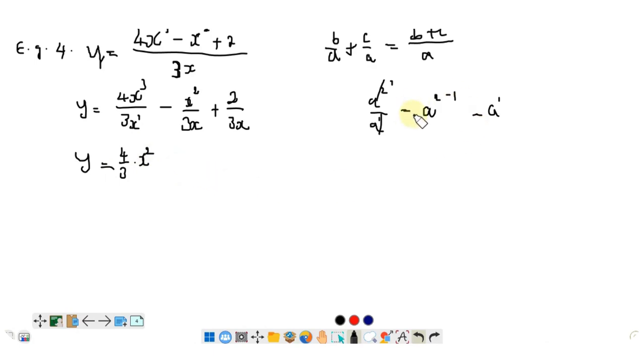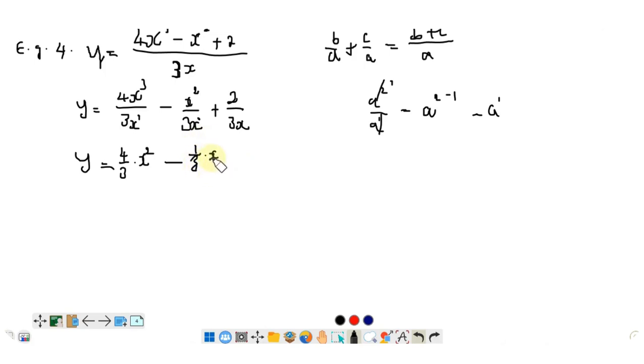I did this in the first lesson on laws of exponents, please refer to it. Then minus this one. We know that when there's x, there's a 1 before x, so this is 1 over 3. Then x squared over x to the power 1: 2 minus 1 is 1.